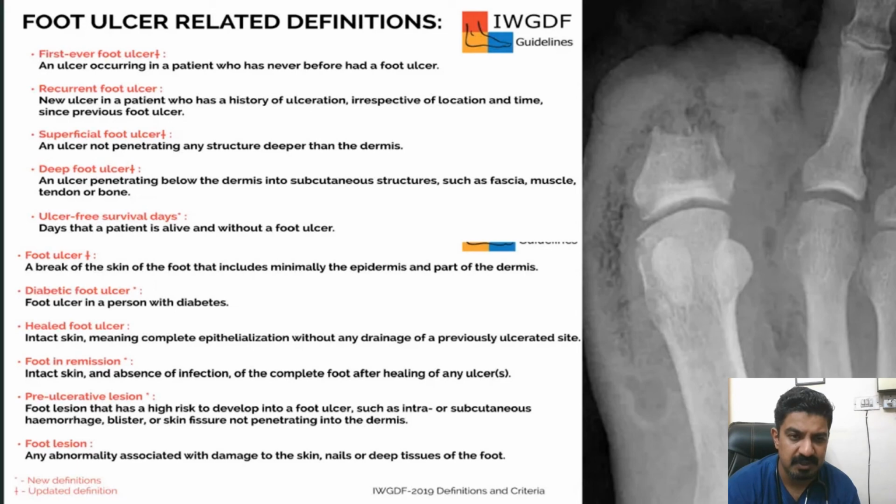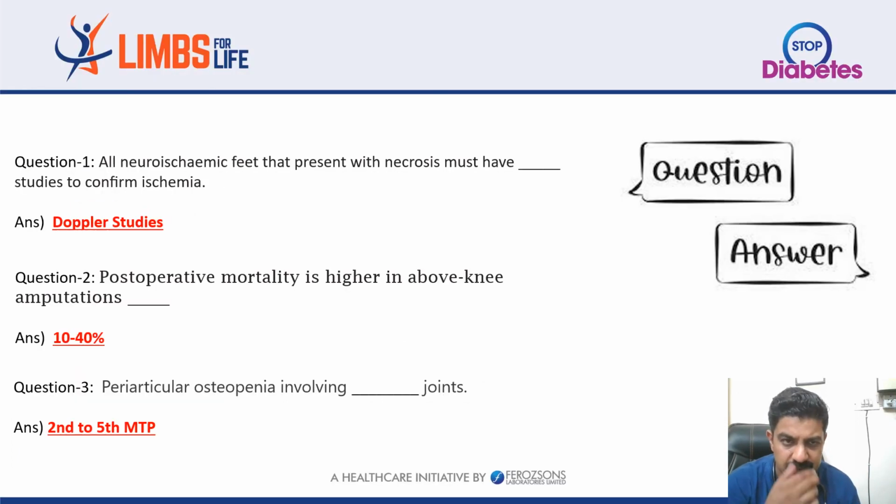There are superficial foot ulcers, as the name indicates, that the ulcer does not penetrate deeper structures and is superficial on the skin and soft tissue. And then there is ulcer-free survival days. So all of these definitions are operational definitions that you must read. You can go through these definitions as you further proceed in this course.